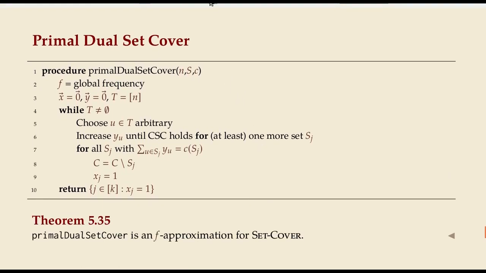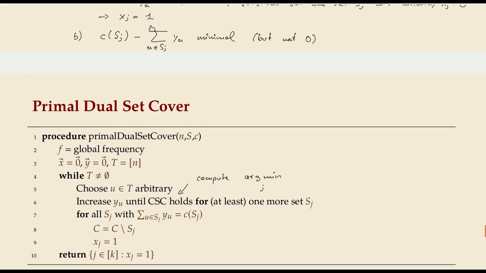So we essentially compute the argmin j of these, so that this is for all the sets that we have not picked yet.